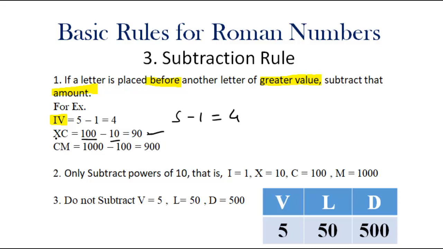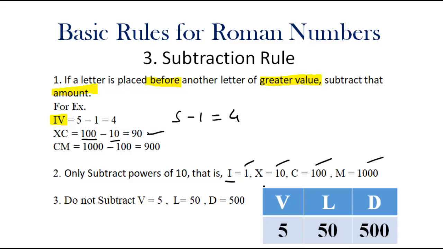So the lower value letter can be subtracted from the higher value letter when it is placed before the letter of greater value. One more thing, the numbers that are powers of 10, that is 1, 10, 100, 1000, can only be subtracted.